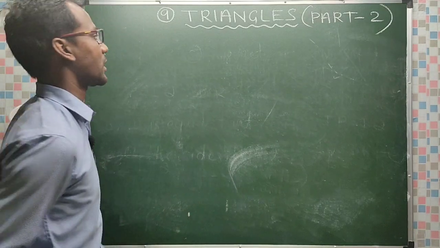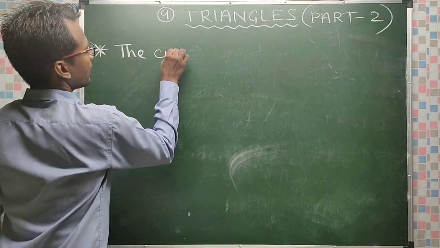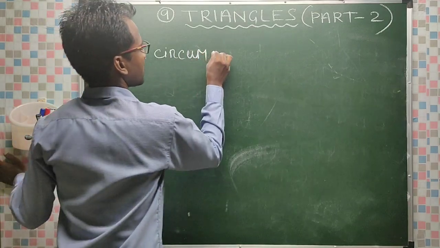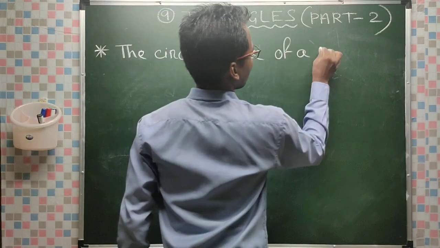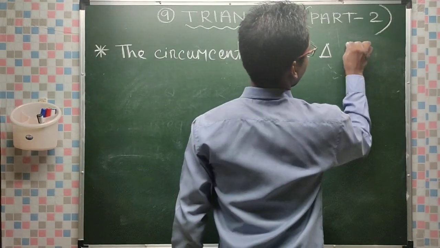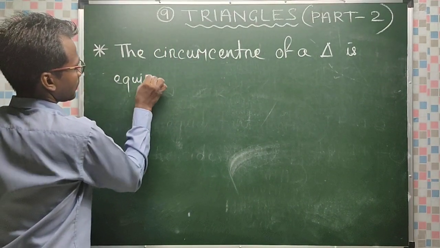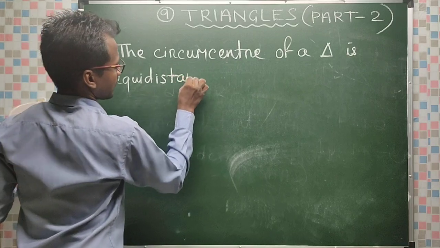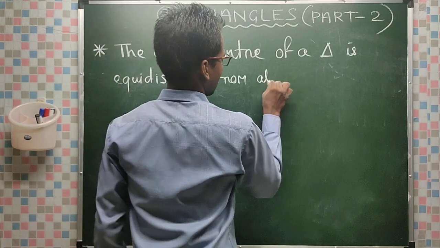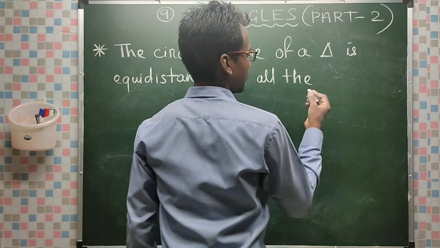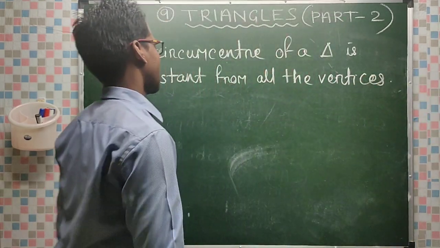Next property is: the circumcenter of a triangle is equidistant from all the vertices.